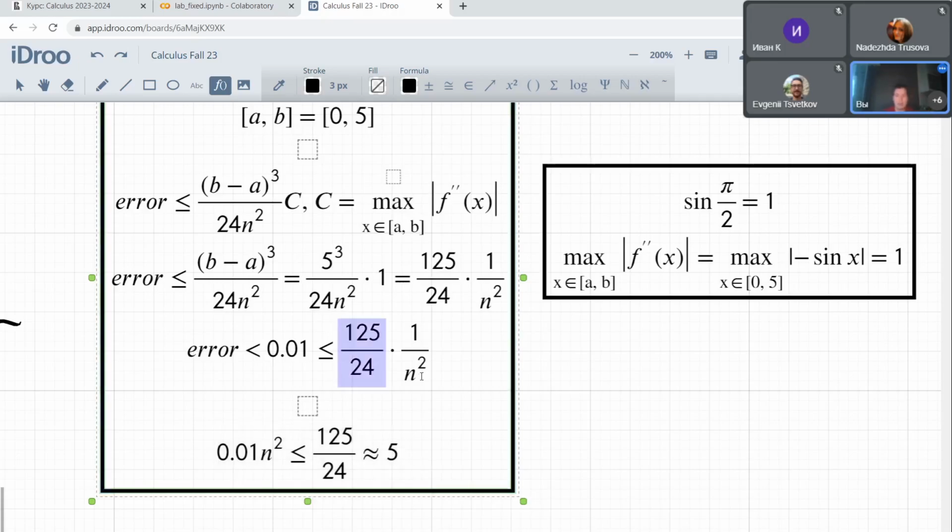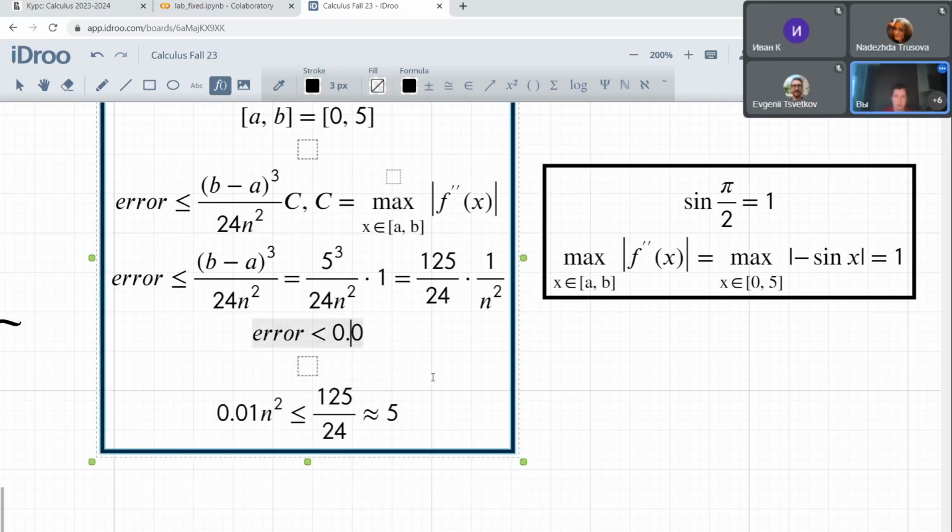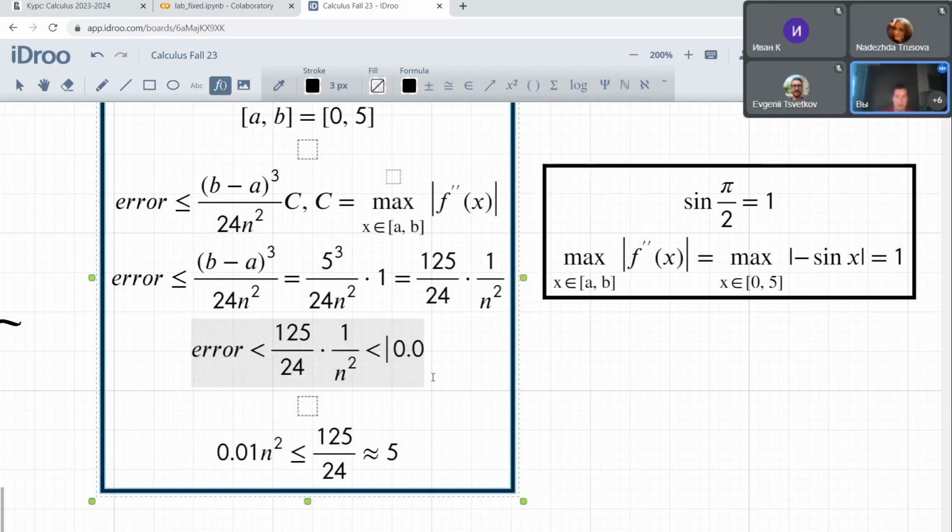Maybe it looks like I need to put it. As usual, I messed up the positions. So if you want to bound the size of your error with this number, you can search for such n that this inequality will hold.